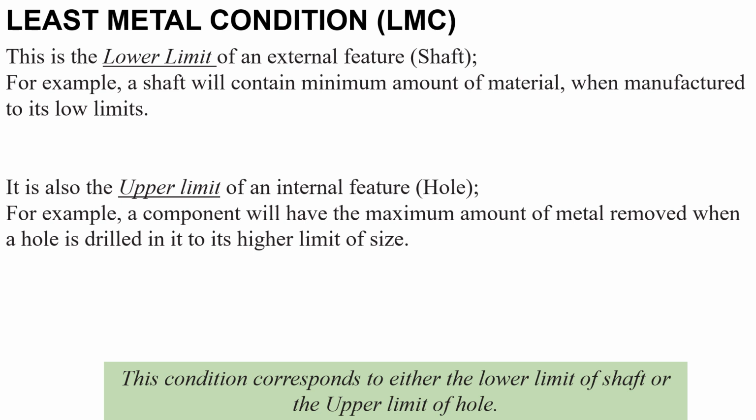For example, a hole will have the maximum amount of metal removed when it is drilled to its higher limit of size. So, for the hole, the upper limit removes the maximum metal, leaving the least amount of metal. Therefore, least metal condition for the hole is the upper limit. So, least metal condition corresponds to either the lower limit of the shaft or the upper limit of the hole.